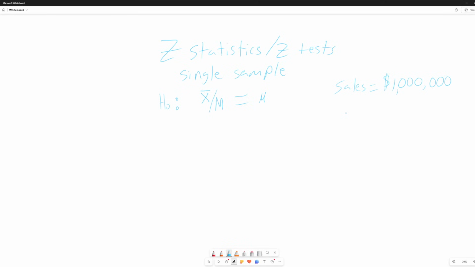Maybe there's a new persuasion tactic, and I think this is going to improve sales in my auto shop. So my alternative hypothesis states that X bar is going to be greater than mu because I am implementing this new procedure, and then I'm going to see how many sales we do in the next month. And we're going to compare that to this existing value. So existing is going to be mu, the sales per month.